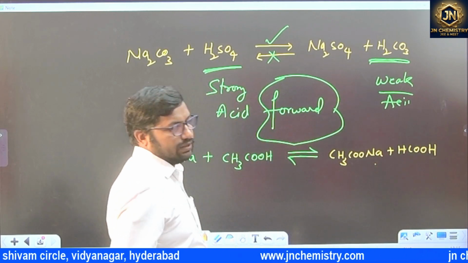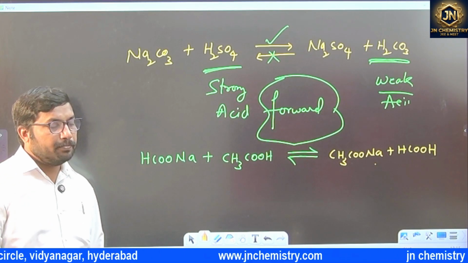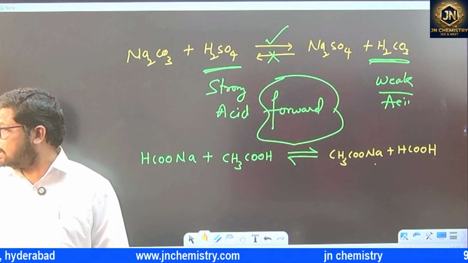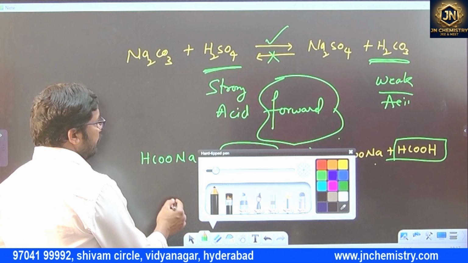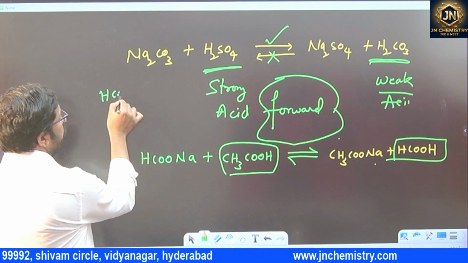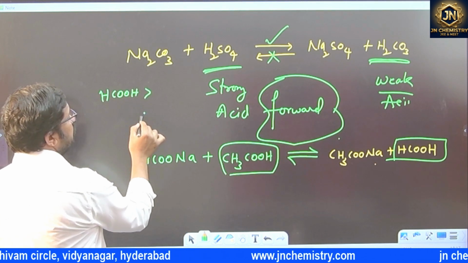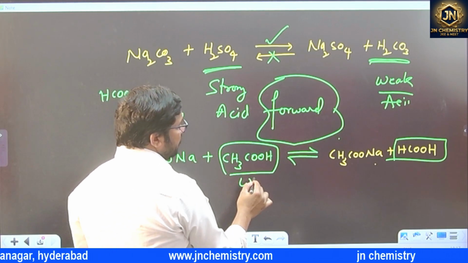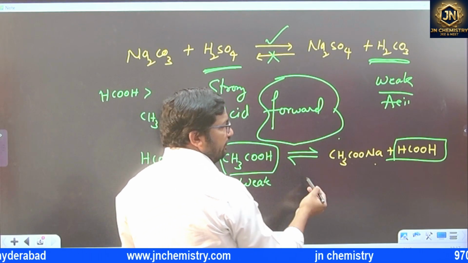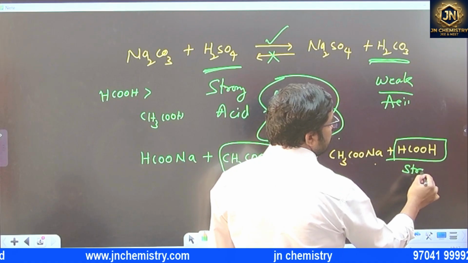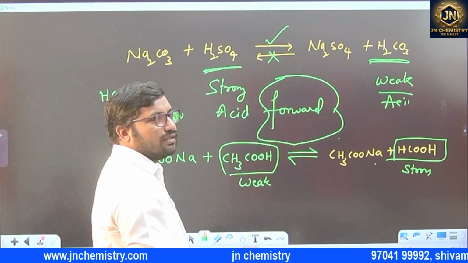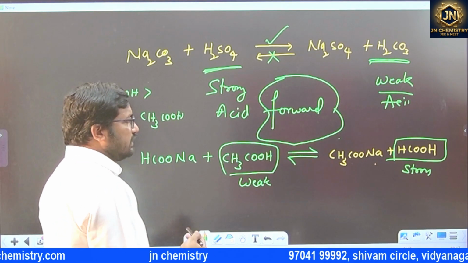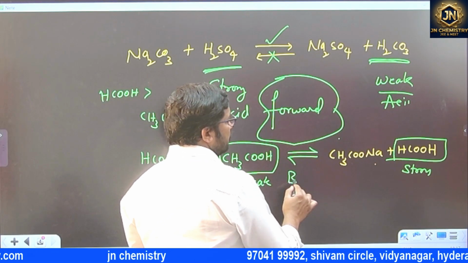Let me know whether forward reaction takes place or backward reaction. Inductive effect I explained, right? HCOOH is the stronger acid, and CH3COOH is weak. When we compare, this is strong, but not that strong as inorganic acids with respect to organic. So in this case, backward reaction takes place.